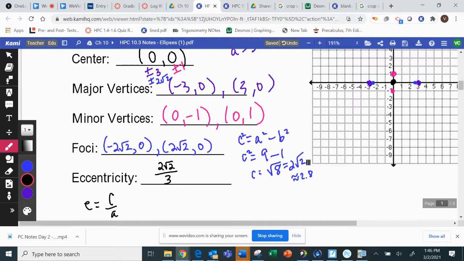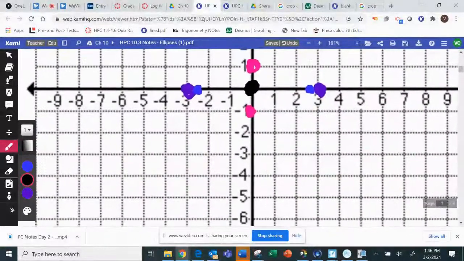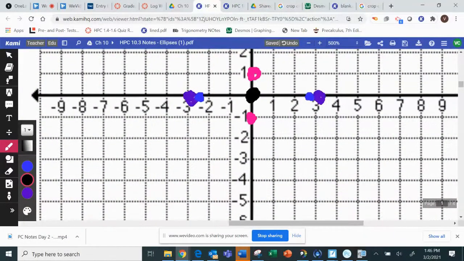And then to finish just graphing, you might want to envision a rectangle that passes through those vertices. And then as you connect these, you want to kind of connect them so that they hug around that corner.